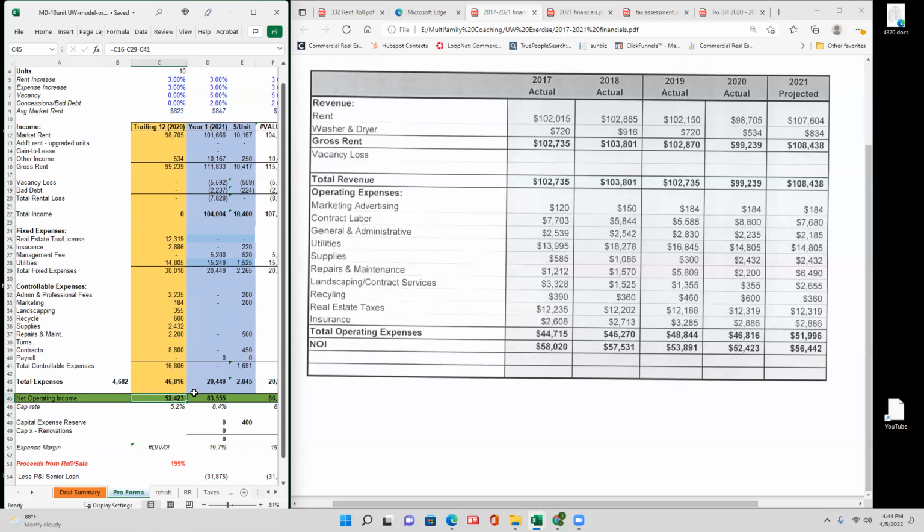But if we didn't have the pricing guidance of $1 million, what you would do is take the NOI, 52,423, and find out the market cap rate. If it was a 4.5 cap, you divide the net by 0.045, and the offer or valuation would be 1.165 million.